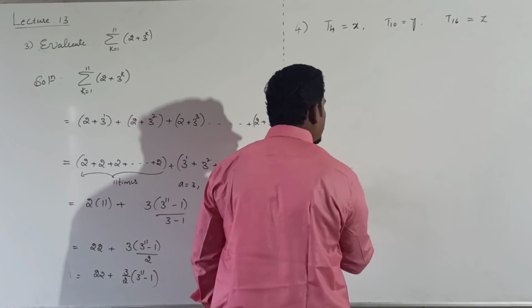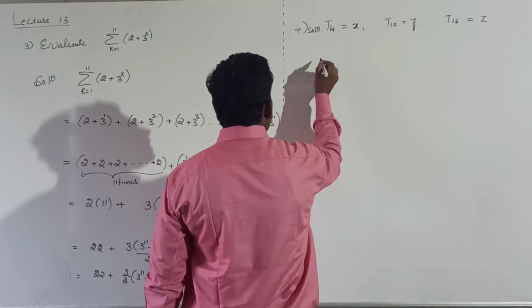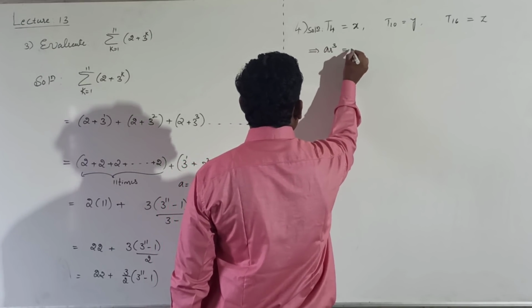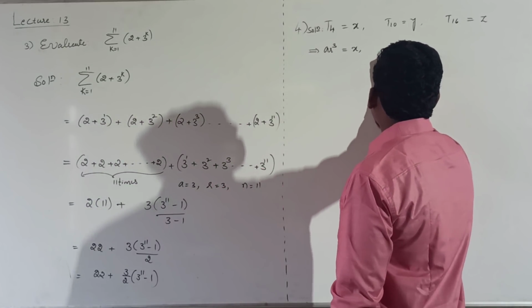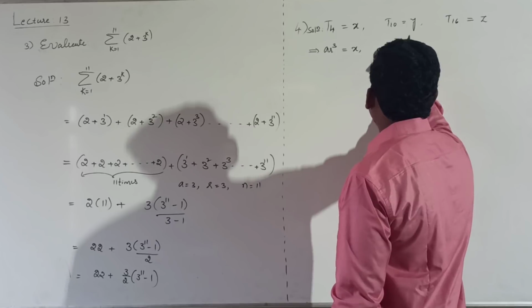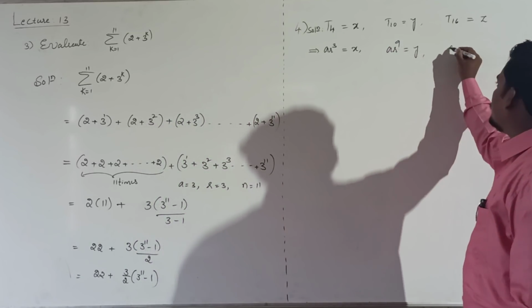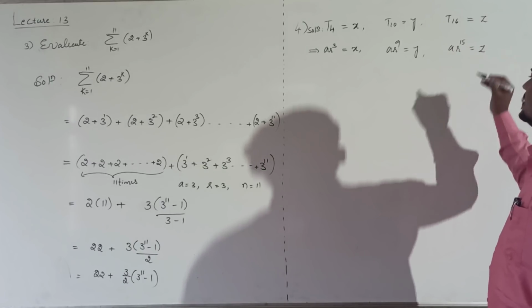Now, what is t4? a into r cube is equal to x. Then a into r power 9, the 10th term, is y. Then a into r power 15 is equal to z.